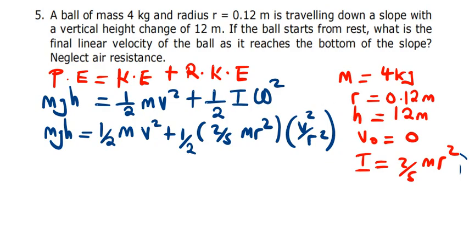I see what I have: v squared over r squared. I'm trying to look at the data. Initially we've been given that v is 0.